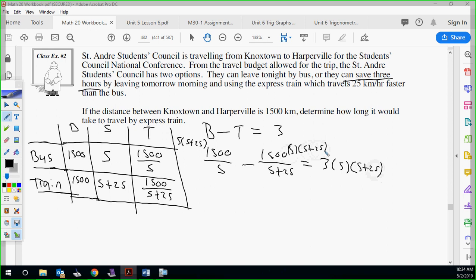The S is gone. S plus 25 is gone. So I have 1,500 times S plus 25, minus 1,500 S, equals 3S times S plus 25.